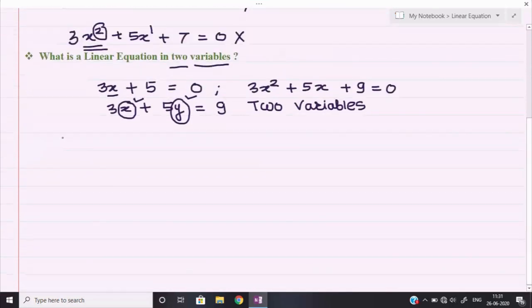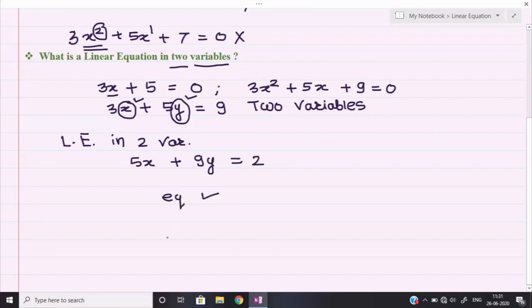Suppose I write down, first I will give the heading here, linear equation in two variables. Okay, suppose I write down here 5x plus 9y is equal to 2. Now observe, is it an equation? Yes, because it contains an equal sign. Yes, it is an equation. Is it a linear equation?